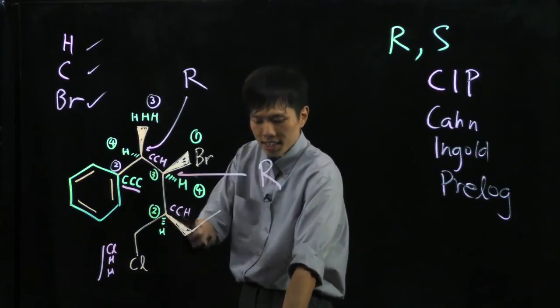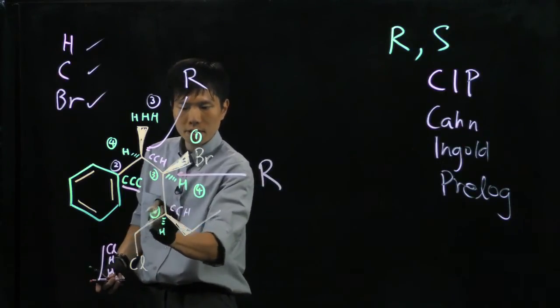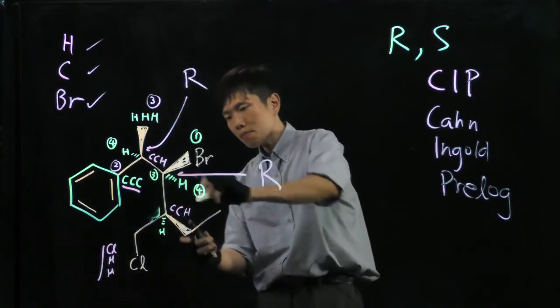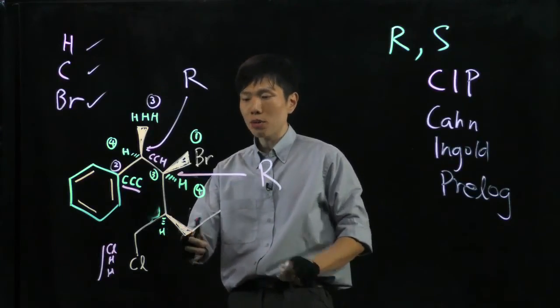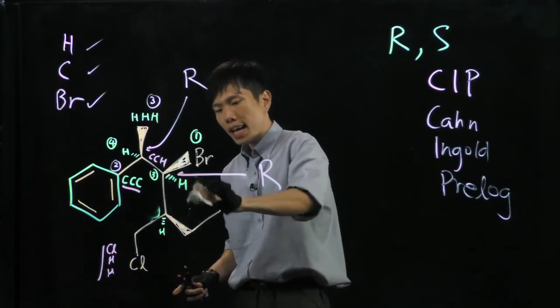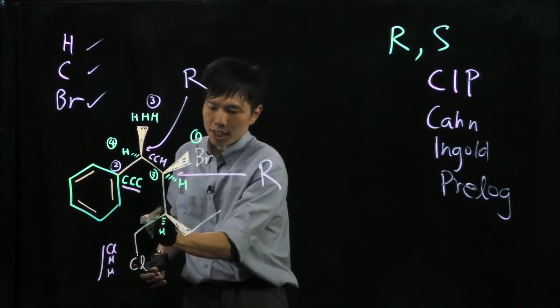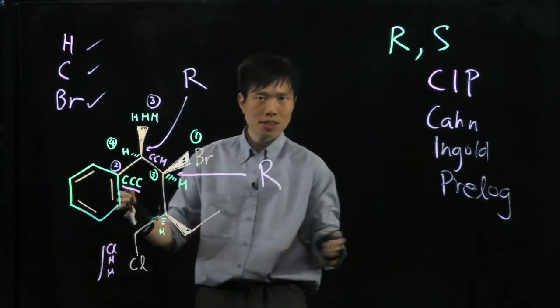Let's focus on the last atom that's chiral in this molecule. For this atom, again, lowest priority is your H, number 4. And for the highest, we need to do a bit of work. Now over here, when we go atom by atom, carbon, carbon, carbon is a draw.